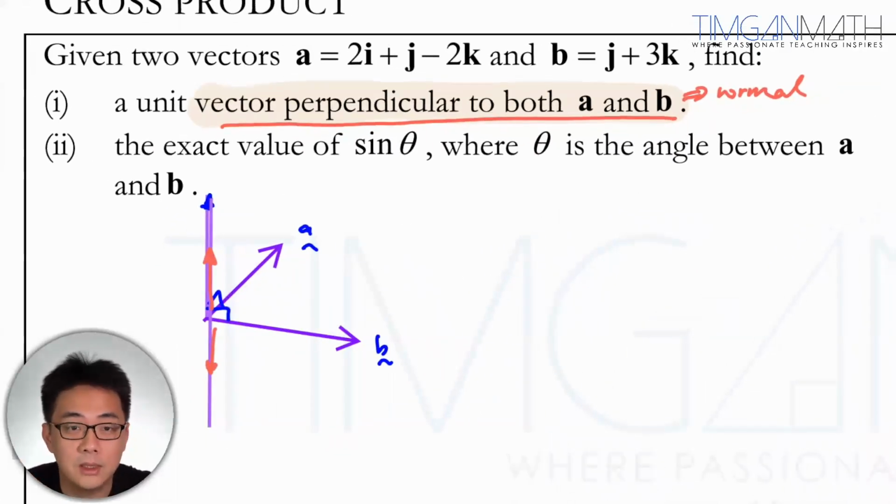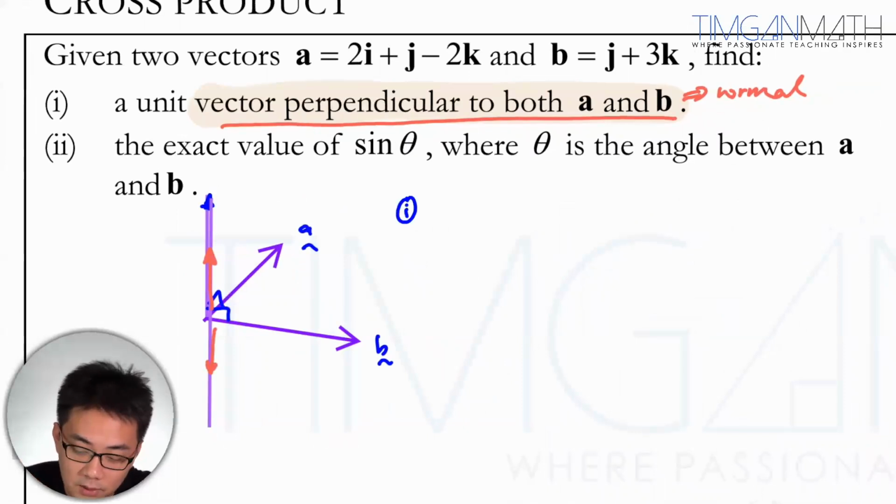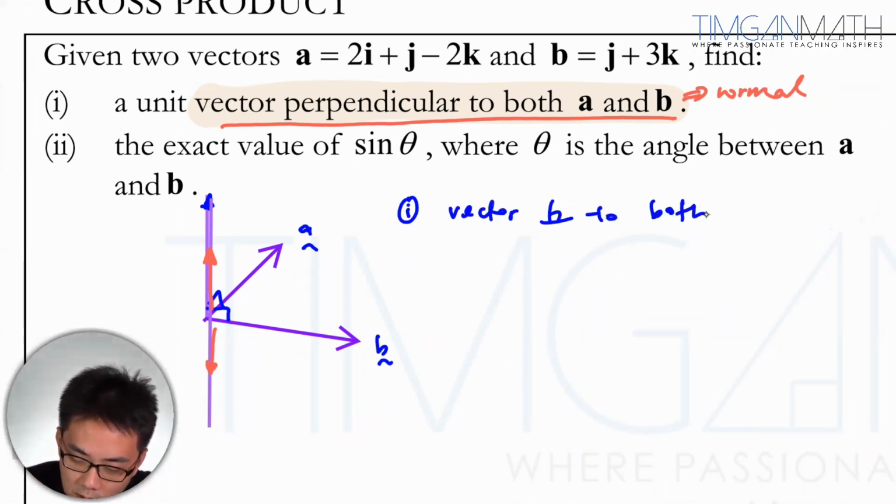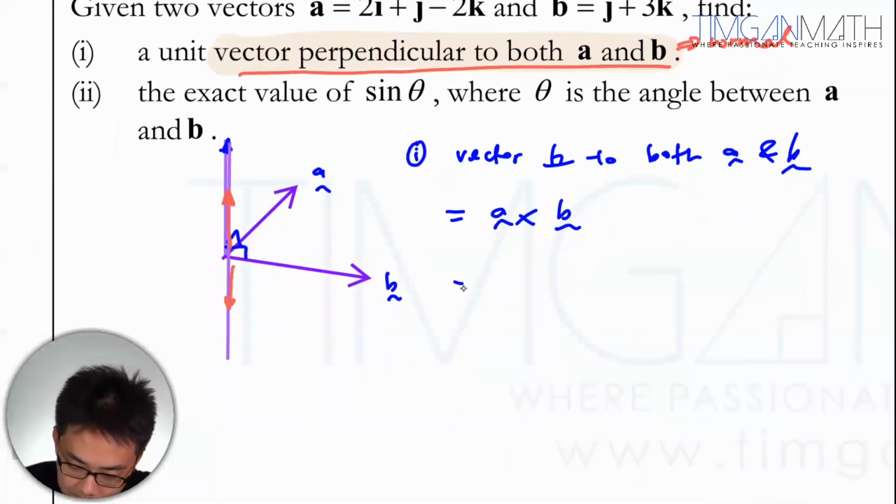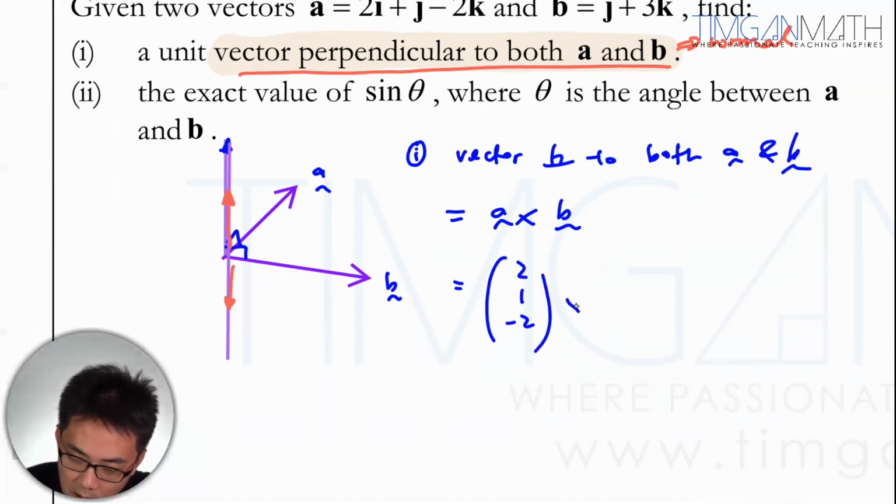You just know that the vector perpendicular to both A and B is A cross B. So A cross B will be 2i j k crossed with i j k.